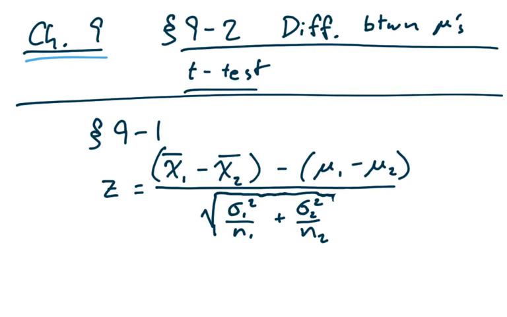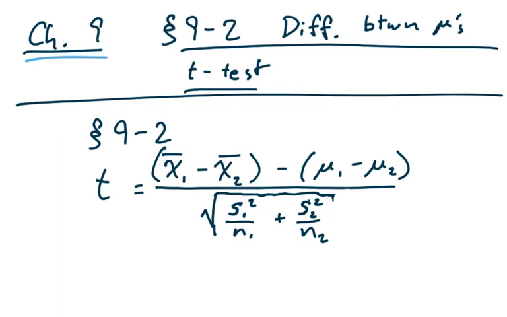To show you how simple it is, I'm just going to change that to a 2, so this is 9-2. I'm going to change the z to a t. That's right, we're using the t distribution once again. And then we have to be tricky here. Almost did it. Anyhow, these are, like we said, the sample standard deviations, so those sigmas now become lowercase s's.